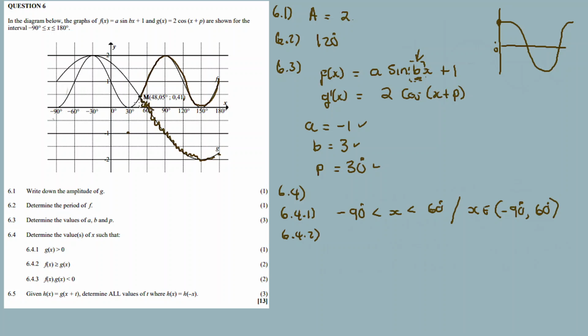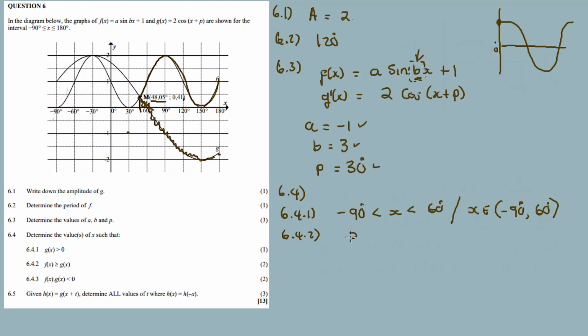It's only this part. But imaphi lawo ma x values ayenza ukuthi u-f abe ngaphezulu, u-g abe ngaphansi. It's from the x value ka m, which is 48,05, all the way up to bani 180 degrees.